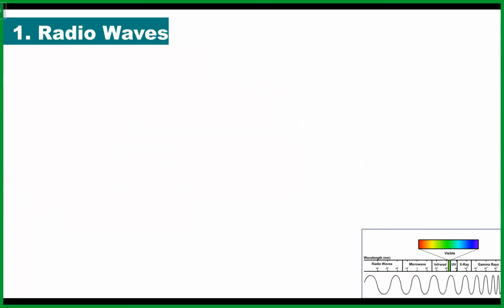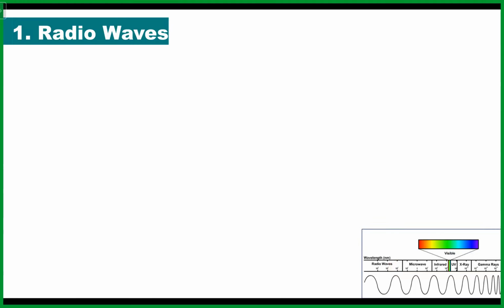All right, so now what we're going to be doing is we're going to be looking at each of these electromagnetic waves in detail, and we're going to focus on the uses of these different types of electromagnetic waves. So we're starting off with our very first electromagnetic wave, which is the radio waves. Now, what do you already know about radio waves?